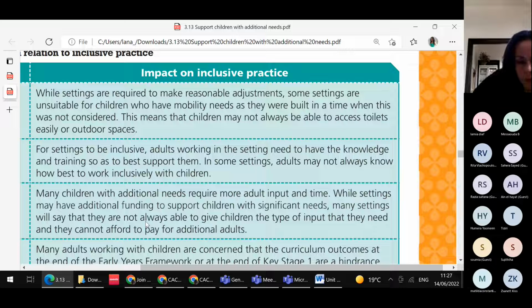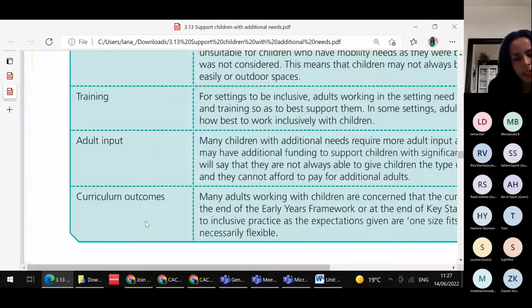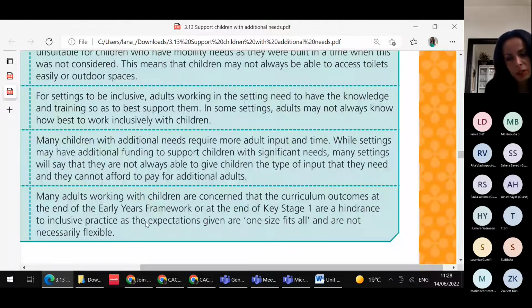Also, we have adult input. Many children with additional needs require more adult input, time and effort. While the setting may have additional funding to support children with significant medical or biological needs, many settings may not have the funds.